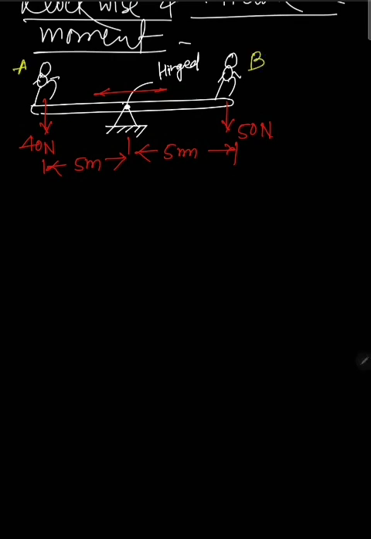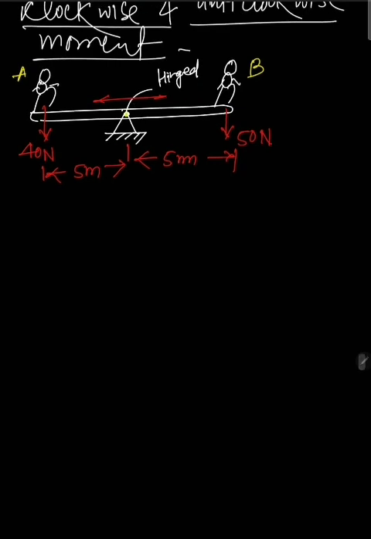Now suppose ये जो पर्सन ए है और ये जो पर्सन बी है, इन दोनों का मोमेंट निकालेंगे किस पॉइंट के अबाउट? जहाँ से ये रोटेशन हो रहा है। सो दिस वन इज रोटेटिंग पॉइंट O. So we have to find out the moment about this point O for person B and person A. So let's first consider this one as F1 and this one as F2. Let's find moment M1, moment due to force F1.